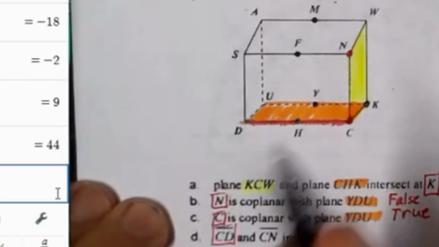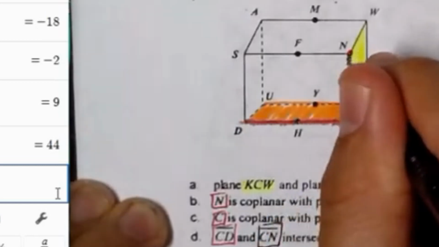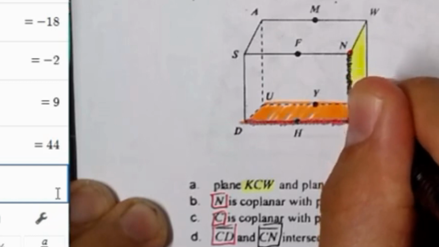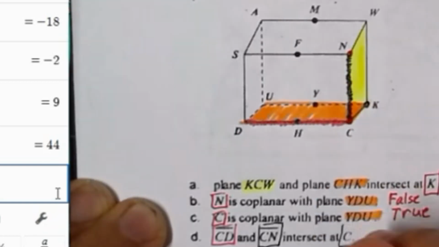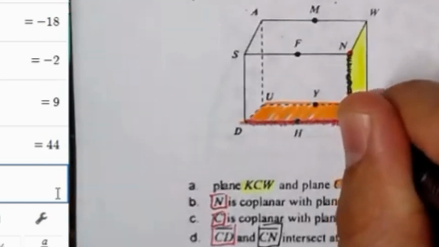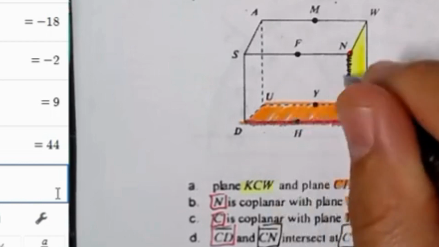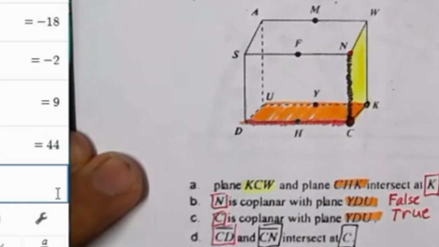I'm going to highlight it with my black pen. So CN is right here. And it says they intersect at C. Okay, I would say that that's true, right? Here's C right here. And notice CD and CN, they both intersect and form a vertex. So that would be true.